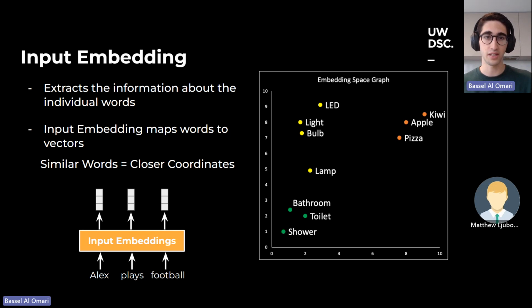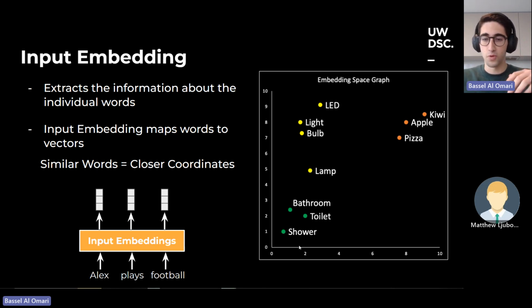The cool thing about these vectors is that they represent coordinates on what we call an embedding space. This embedding space is kind of like a grid. Words that have similar meaning have coordinates in the space that are closer to each other. Let's take a look at this through our example here on the screen. We have a set of words.